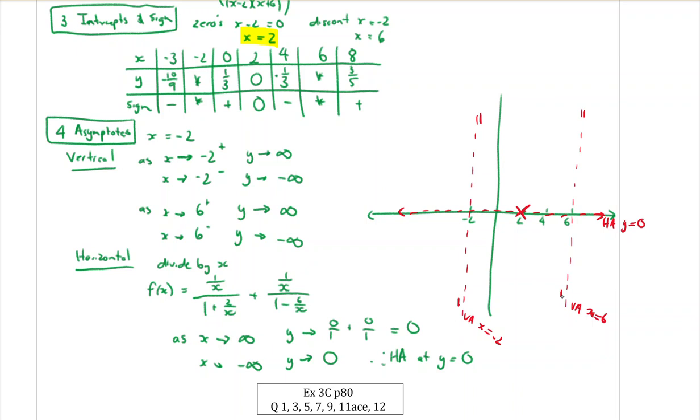Then, in the middle section of that graph, you now have enough information. It comes down, and it's going to come through there, and it's going to come down there. You would have to sub in values if you wanted it more accurately. You could use some of the values that we've got in our table of signs.